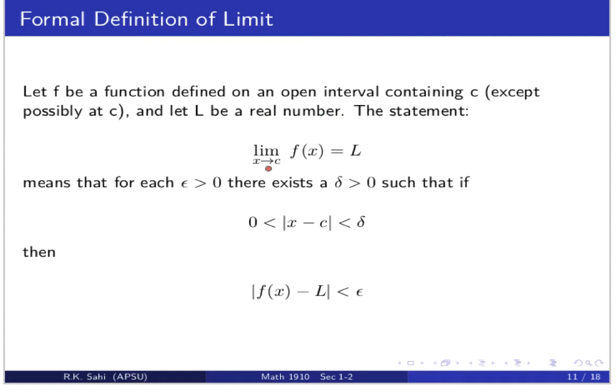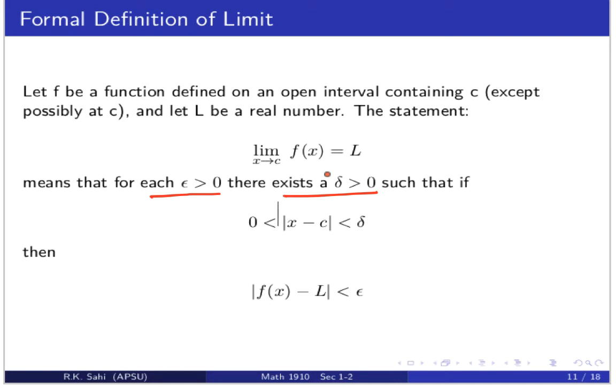The statement that the limit of f(x) as x approaches c is L means that for each epsilon greater than 0, there exists a delta greater than 0 such that if 0 < |x − c| < delta, then |f(x) − L| < epsilon. Now, these epsilons and deltas are very, very small numbers.